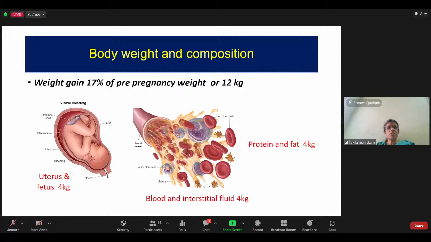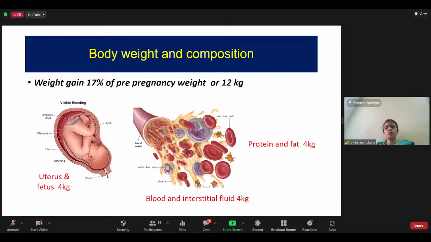The blood, the interstitial fluid, and the plasma volume contribute around 4 kg. And the new protein and fat, which is being generated to cope with these metabolic demands in the form of increase in the organ size and in the number of cells, contributes another 4 kg. So roughly there is an increase of about 10 to 12 kg in any pregnant woman.